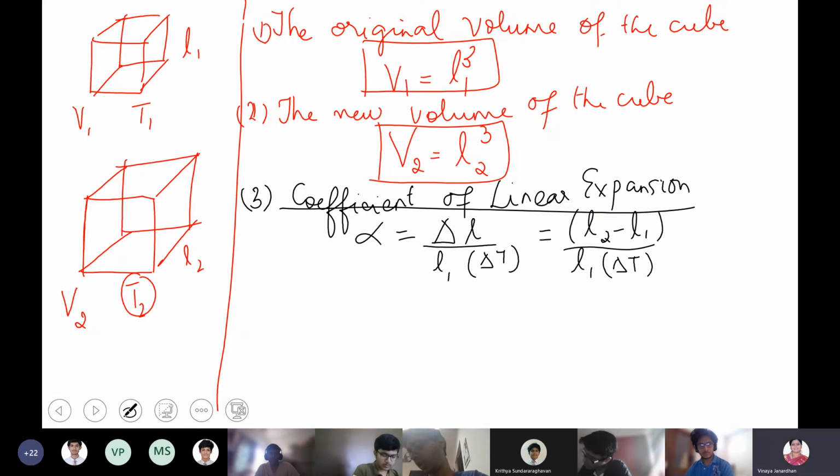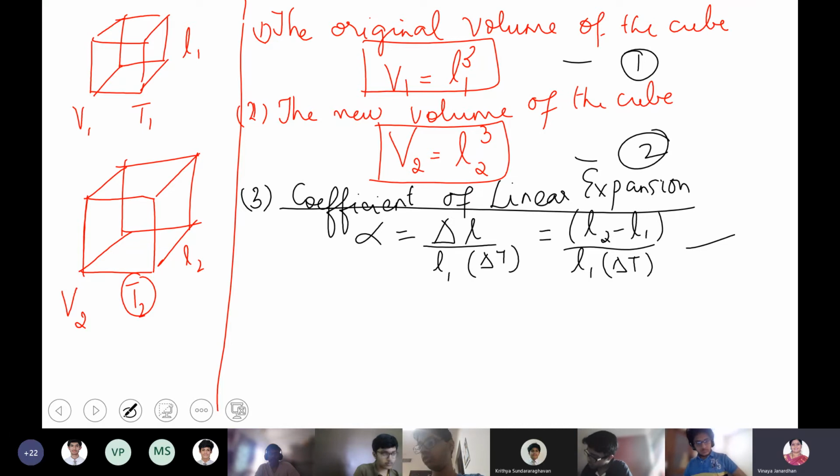Right, boys? So now I want to get an equation for L2. From the previous equation, can you get me an expression for L2?